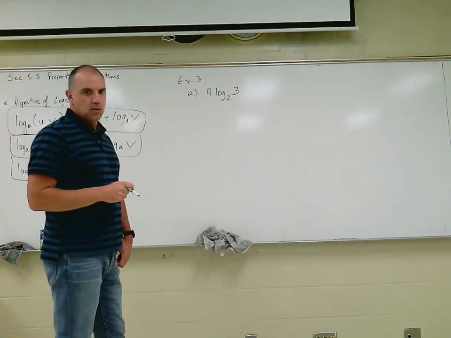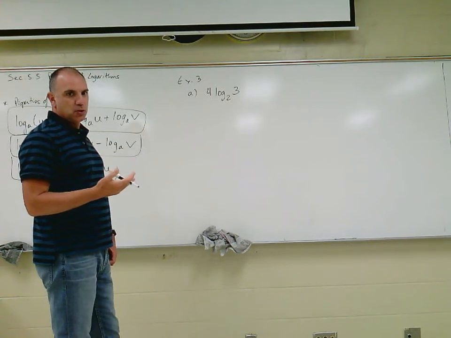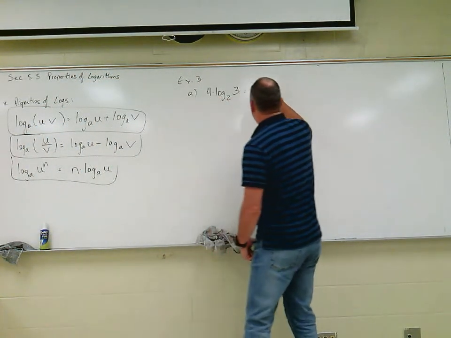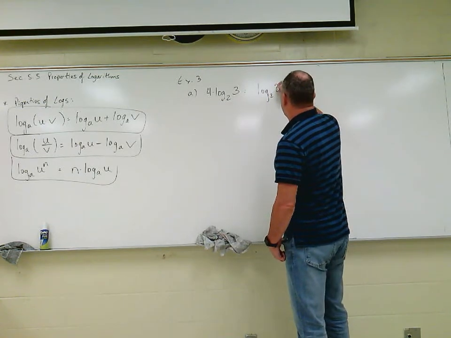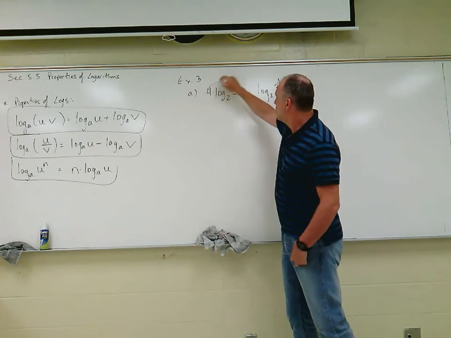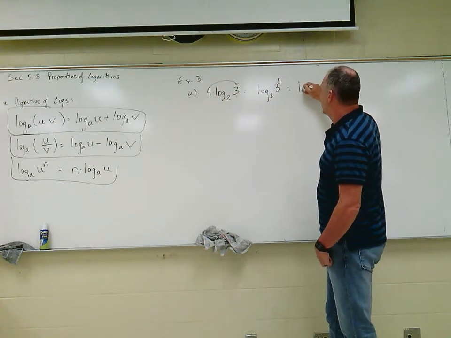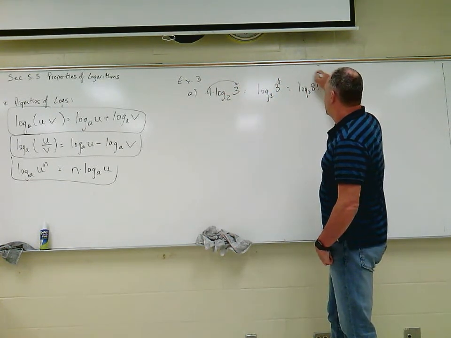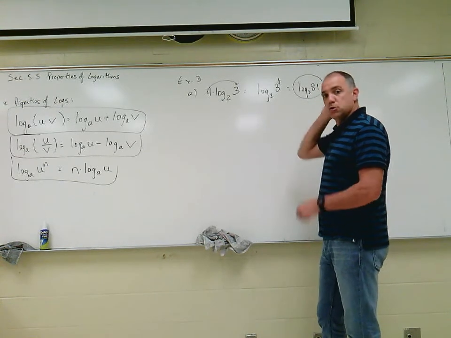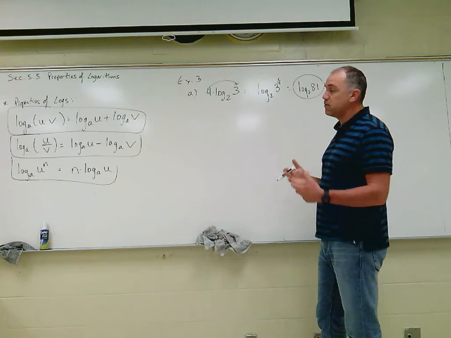Just to show you, this can be written as log base 2 of 3 to the 4th. So that 4 can move there. This is log base 2 of 81. If I were to type both of these in on the calculator, I should get an equivalent answer.